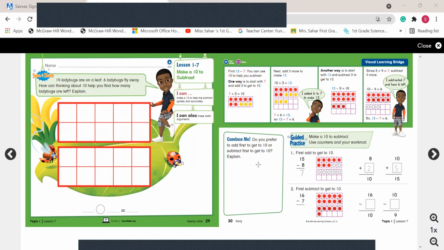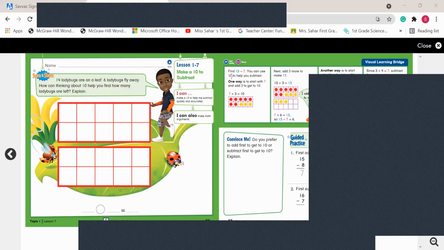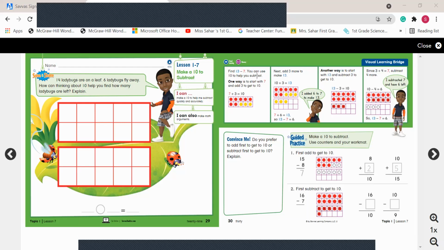So let's go to page 30. Let's read the example we have. So 13 take away 7, we can use 10 to help us subtract. So one way is to start with the 7, and add 3 to get to 10.